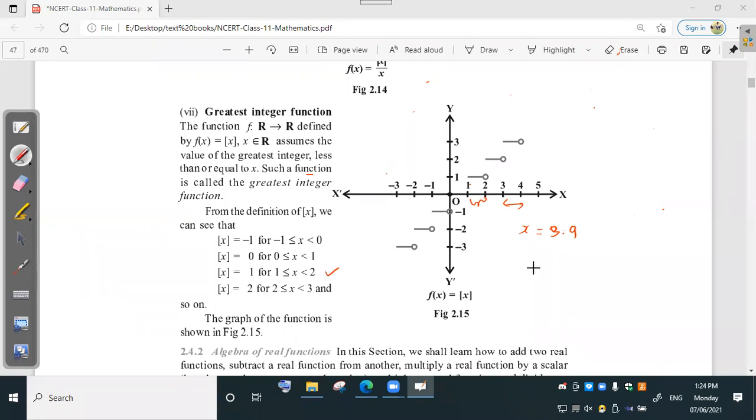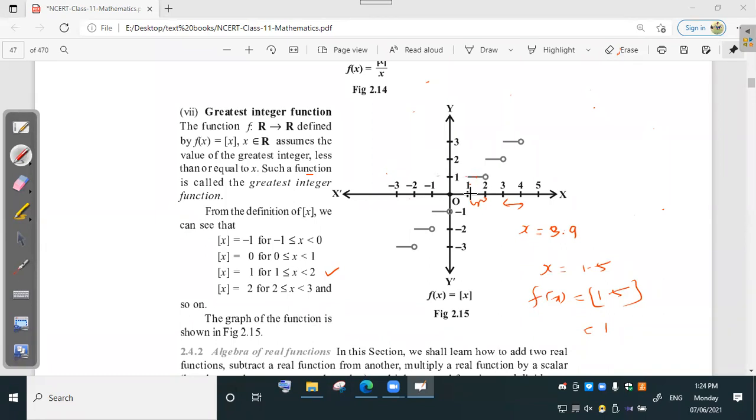So between 1 and 2, whatever number you take, suppose x is equal to 1.5, what will be the value of f(x) on the y-axis? For 1.5, the least integer will be 1. Whatever number you take, you will have 1 here. So 1.5 gives 1, and the y-coordinate will be only 1.